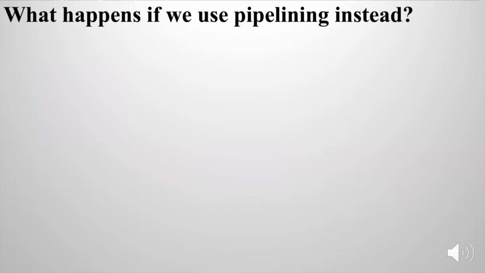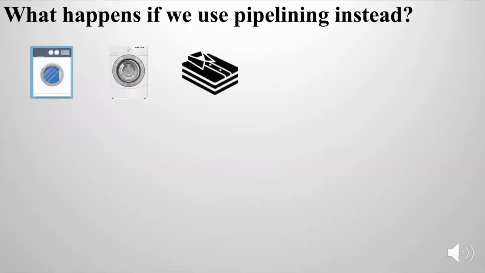So if we take our 4 loads of laundry and we still want to do them, but instead we want to use pipelining, what happens to the timing? So what we do is we take our first load of laundry, we put it in the first step, the washing machine. And when it's done, when the 30 minutes are done, we move the first load into the dryer.